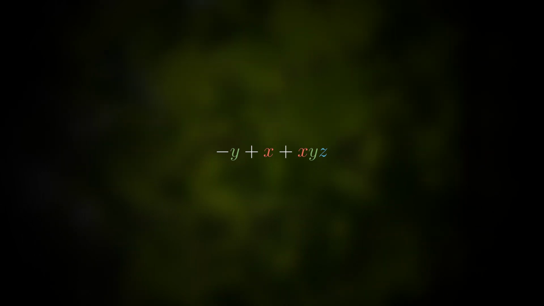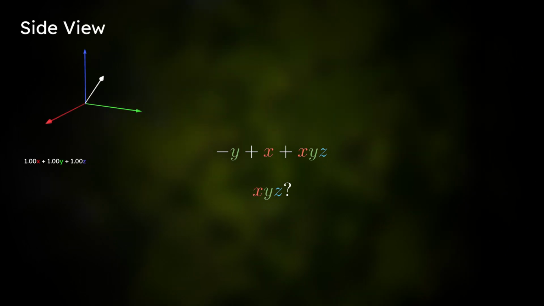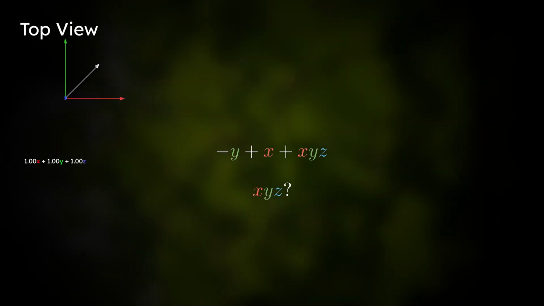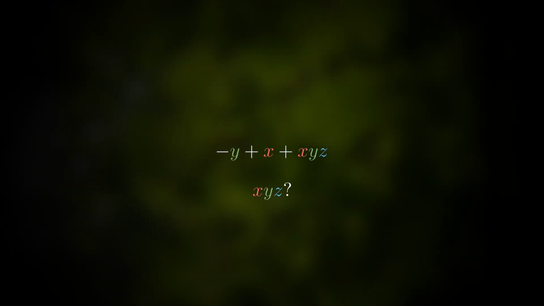Okay, the results are in. Our answer is minus y plus x plus xyz. Wait, what's xyz? The result should have been minus y plus x plus z. The x and y components rotated correctly, but z was messed up.